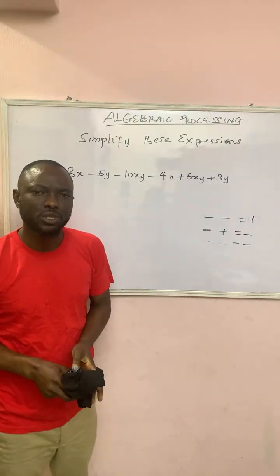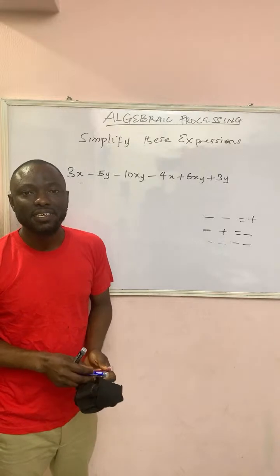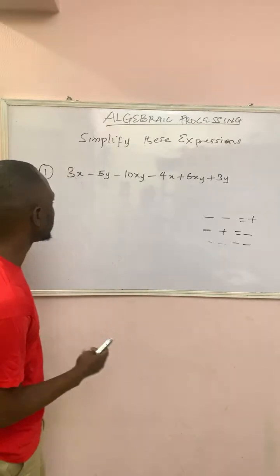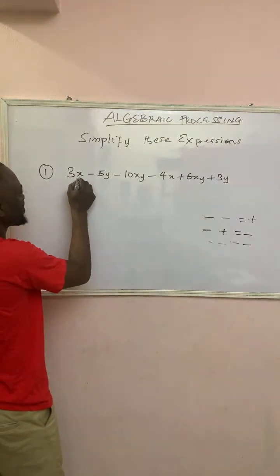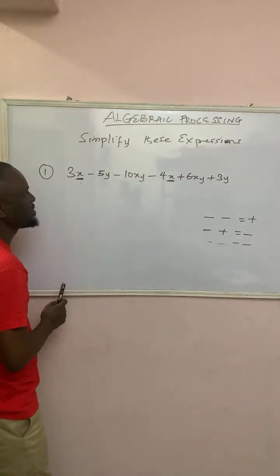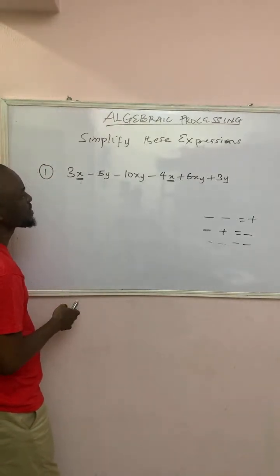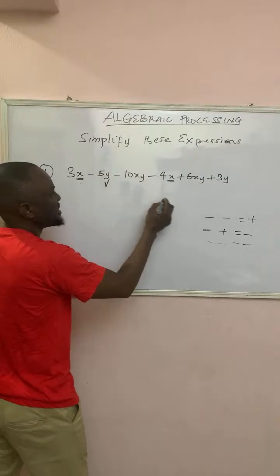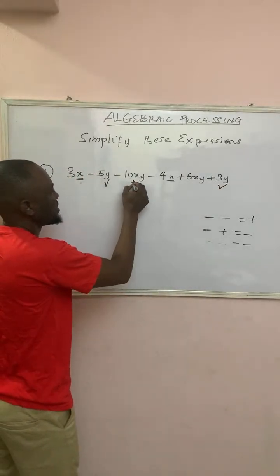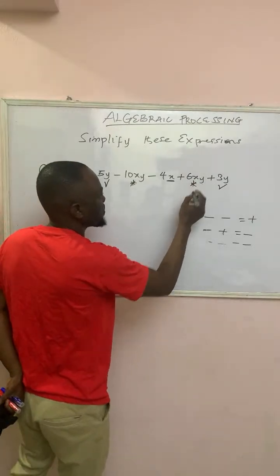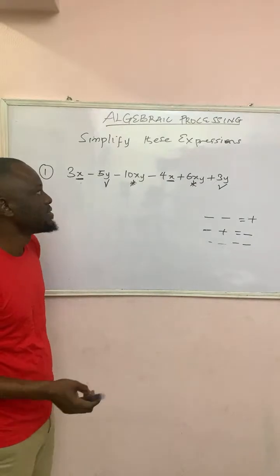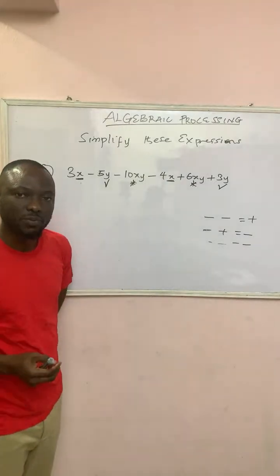The first thing you need to do is to identify like terms, things that look alike, all right? I have x here, 3x, and this is x, so this looks alike. Then what other things look alike? This and this look alike. And what other thing? Let me use asterisk, this and this look alike. So we want to add up like terms, basically, if we want to simplify expressions like this.